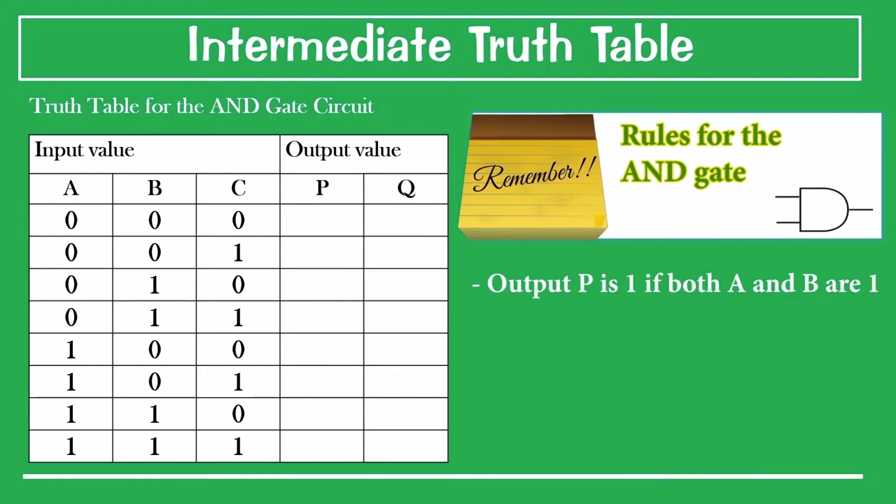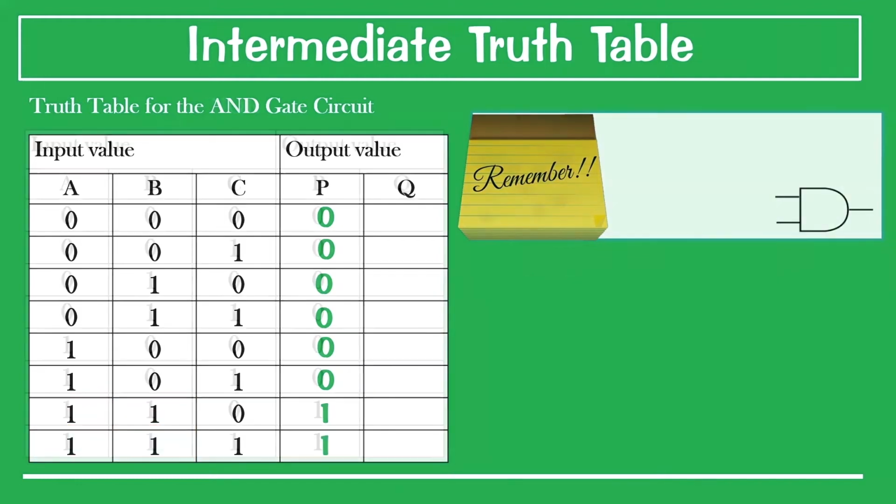Now let me run through. 0 and 0 equals 0. 0 and 1 equals 0. 1 and 0 equals 0. And 1 and 1 equals 1.